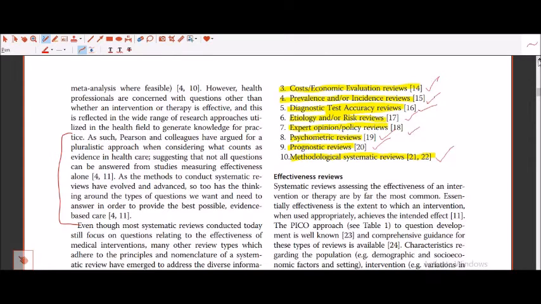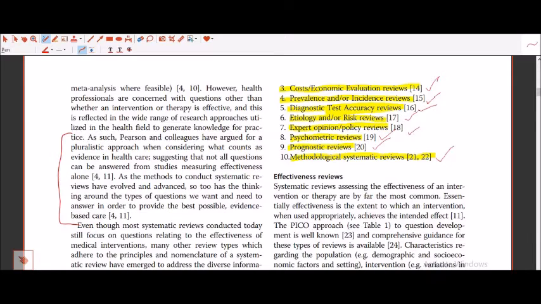The third variety that they are talking about is cost and economic evaluation. Here you will be seeing it is to determine the cost associated with a particular approach or treatment strategy, particularly in terms of cost effectiveness or the benefit.